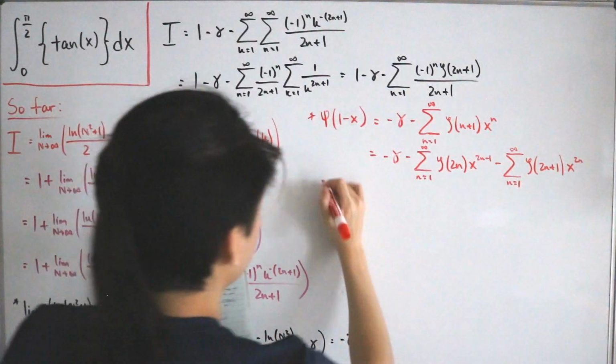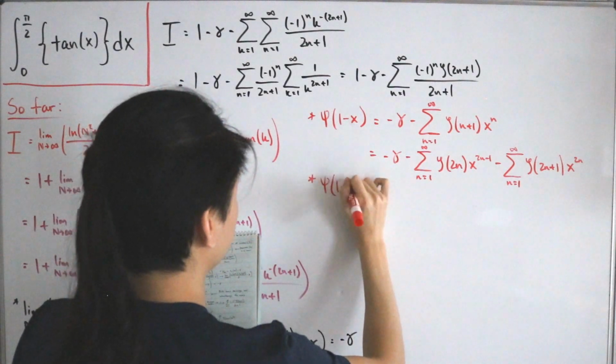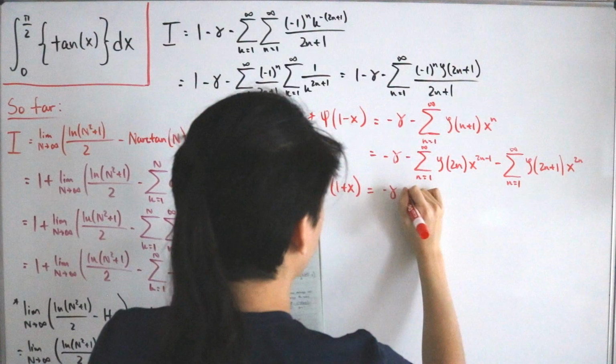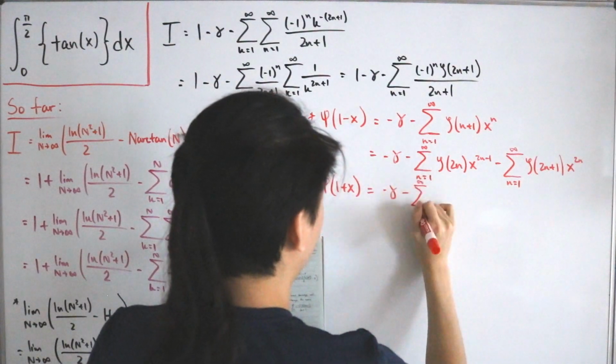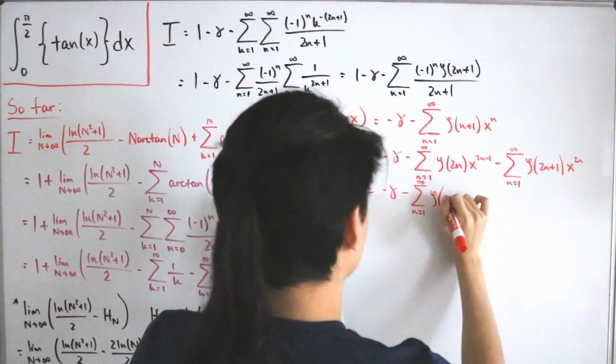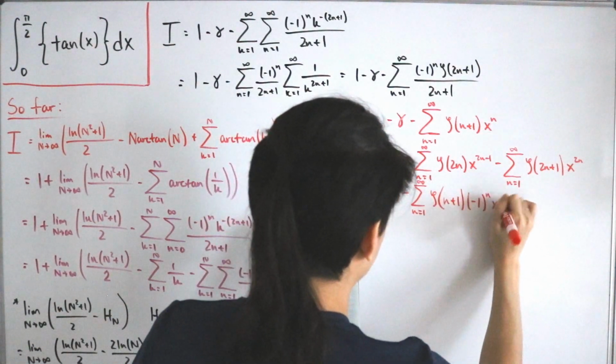Okay, now let's take into consideration the Digamma of 1 plus x. By the same definition, negative lowercase gamma, minus the infinite sum at n equals 1 of the Riemann zeta of n plus 1, but now this is alternating, so negative 1 to the power n and then x to the power n.